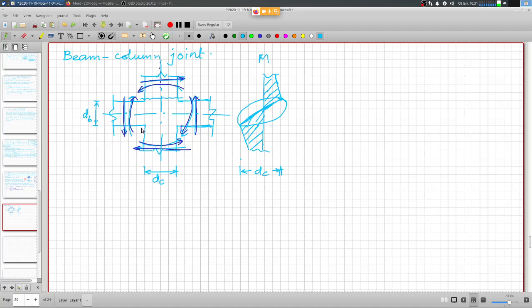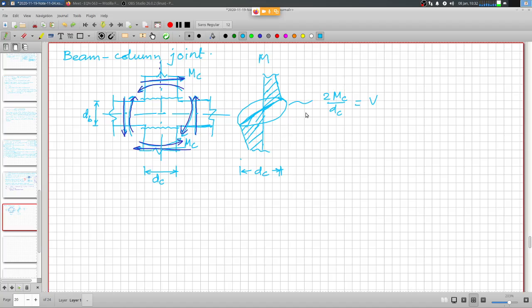Let's say out of any of these sections, critical sections as we call them, or let's say at the center point, because this shear force is of course constant, and if the moment is the same here, MC, then it is going to be twice MC by DC.